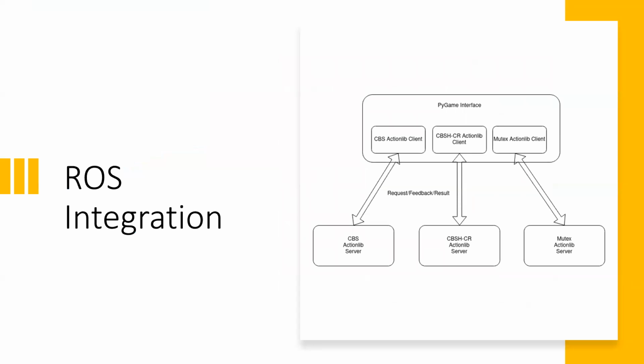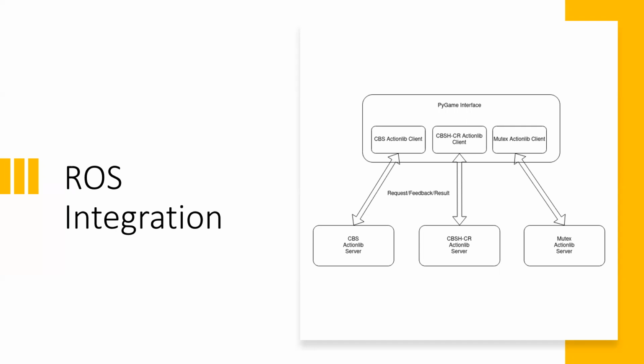So in order to add scalability, fault tolerance, and flexibility to our system, we split the Pygame interface and each MAPF algorithm into their own ROS nodes. We designed a communication protocol with ROS action client and server architecture. Now the Pygame interface has clients that can send requests for planning of the selected algorithm.